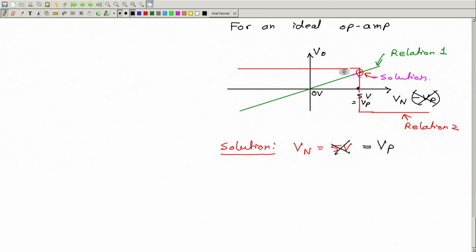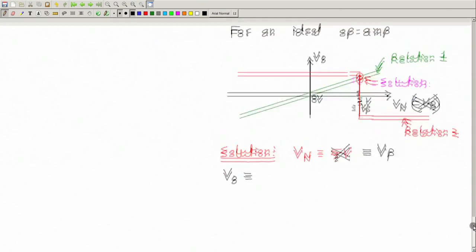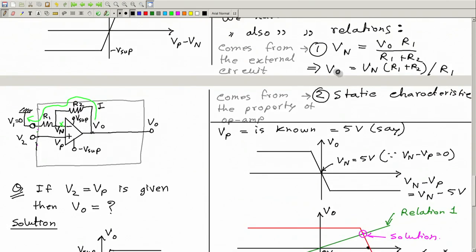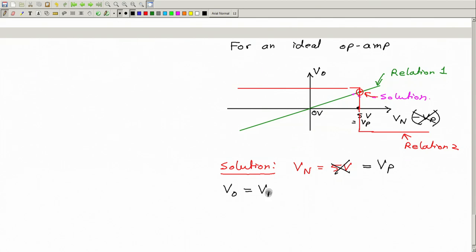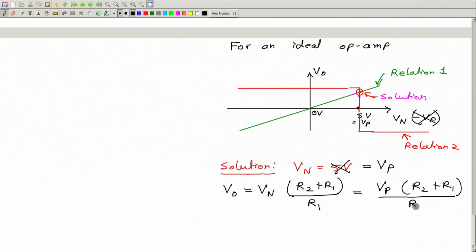And how much is Vo? Let's use this equation. Vo is Vn times this. Now let's put the value of Vn. We have Vn is Vp, so we have Vo equal to Vp times (R2 plus R1) by R1.